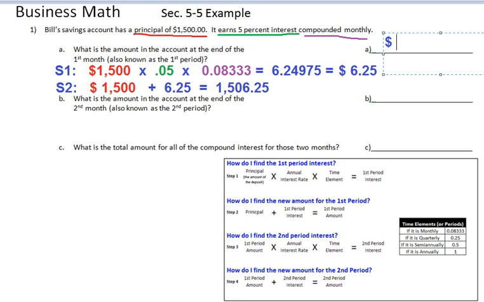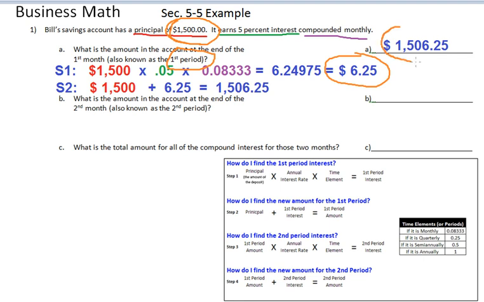It wasn't the full dollar amount Bill had in his savings account. He started with $1,500 in the bank, but as the first period went on, he gained $6.25. So that $1,500 jumped up.